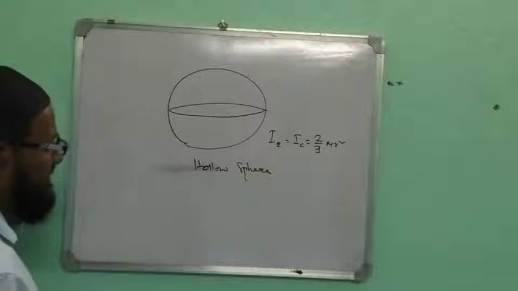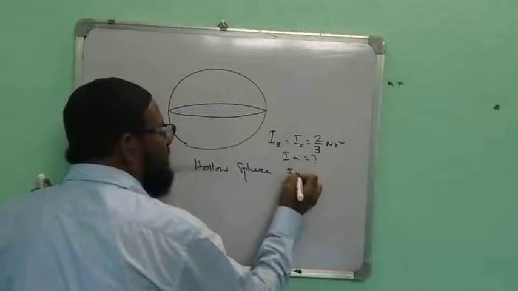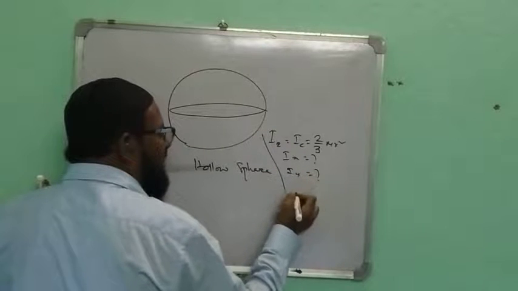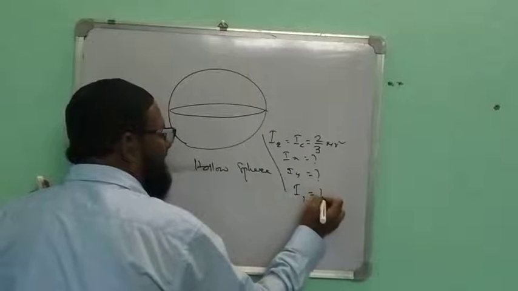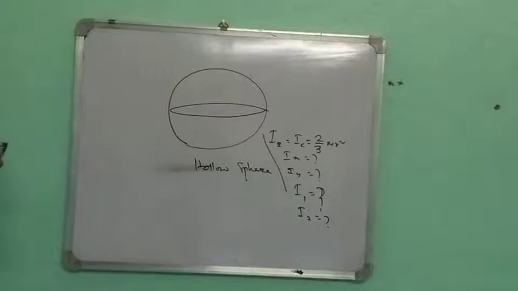Clear? Its quotient Ix, its quotient Iy, its quotient I1, its quotient I2. What is the answer?